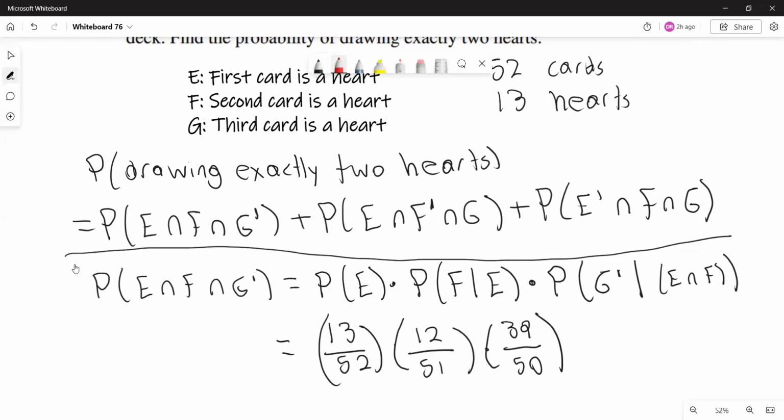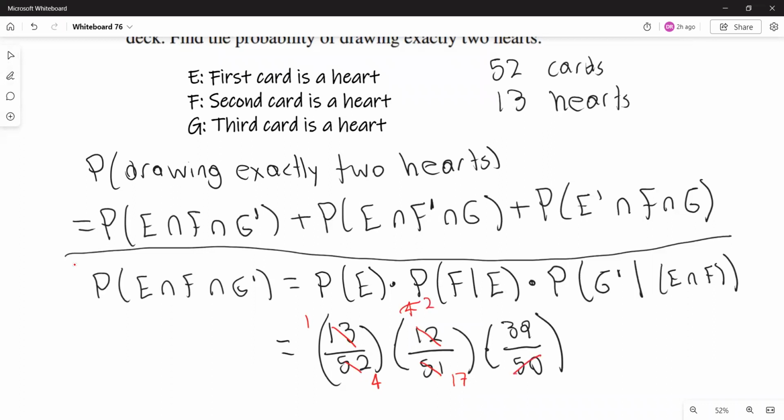So we can simplify this fraction. 13 over 52 is 1/4. Then 12 over 51, they are divisible by 3, so this is 4 over 17. And 39 over 50, I don't see how I can simplify that. Oh, yes, I can still do something with the 4 and 50. I can simplify that as 2 and 25.